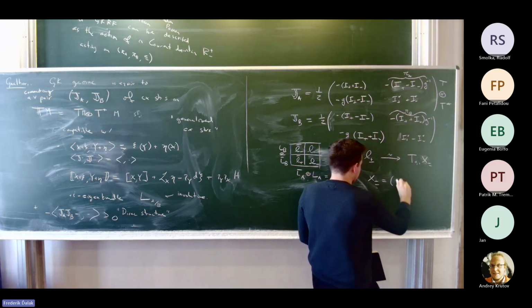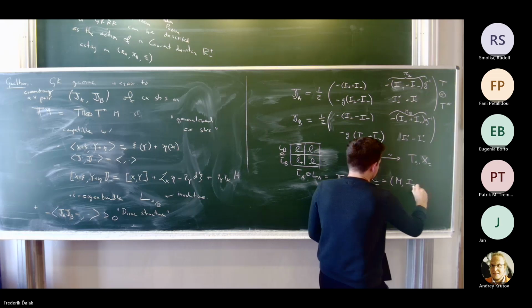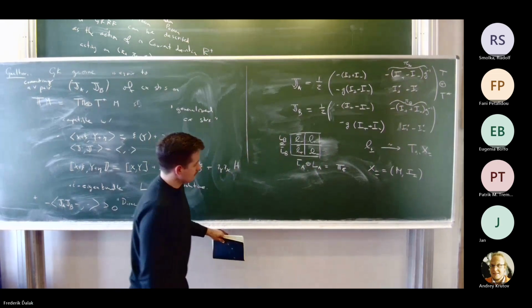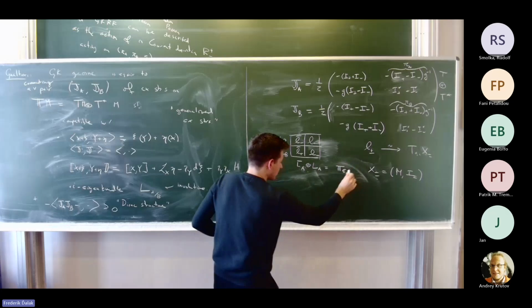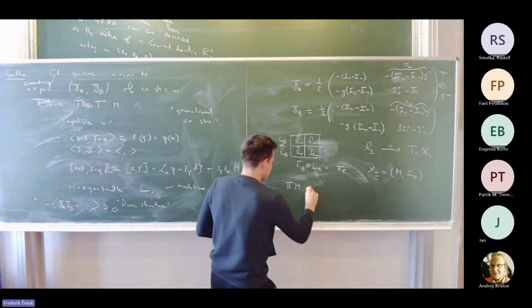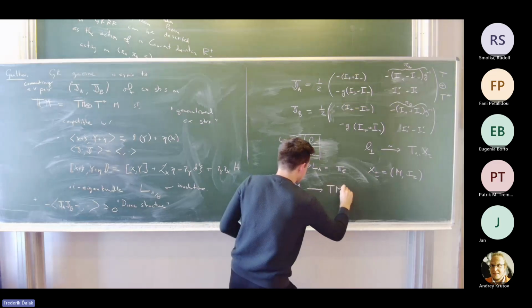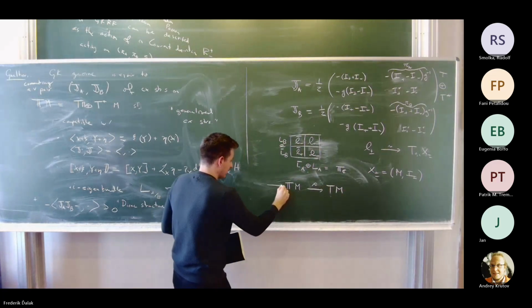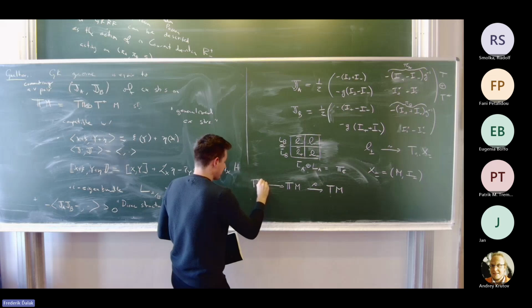The notation is I plus minus. So let me just give a name to this map, projecting onto the tangent bundle, called rho. Inside here is T star.